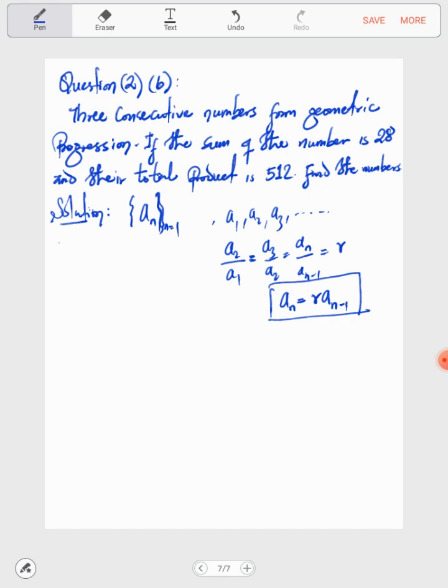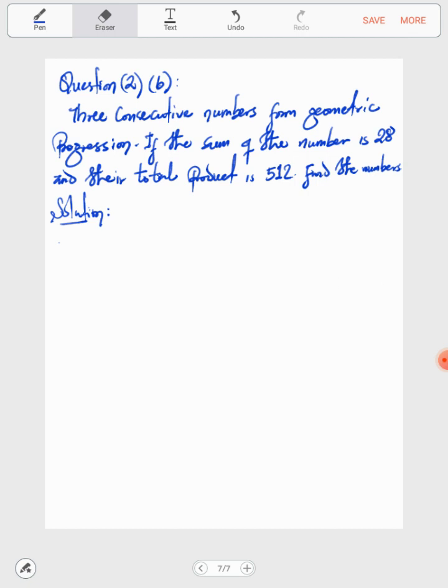So in defining those numbers, let the numbers be a over r, a, and a r.